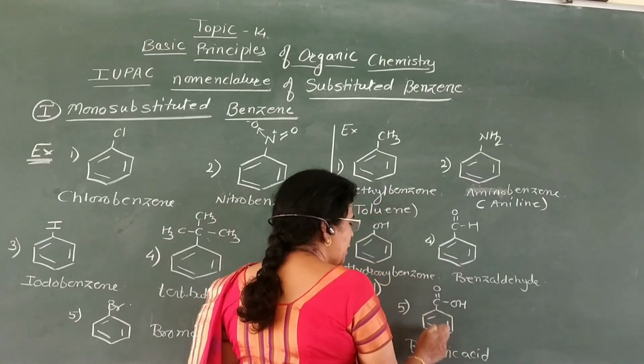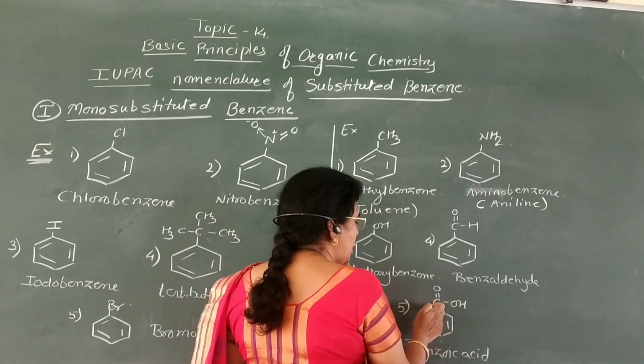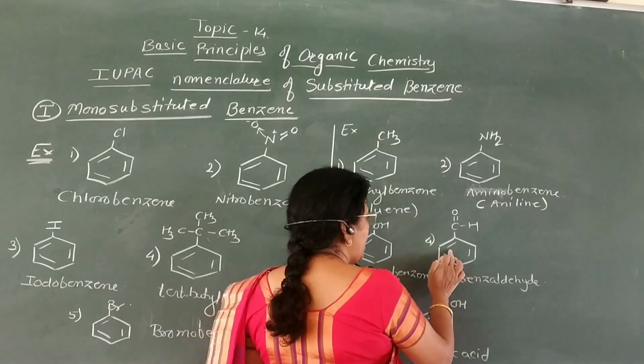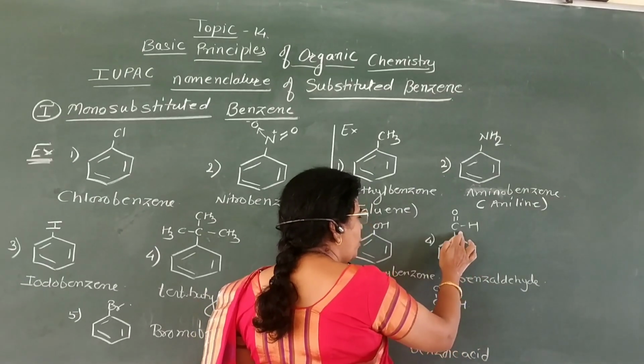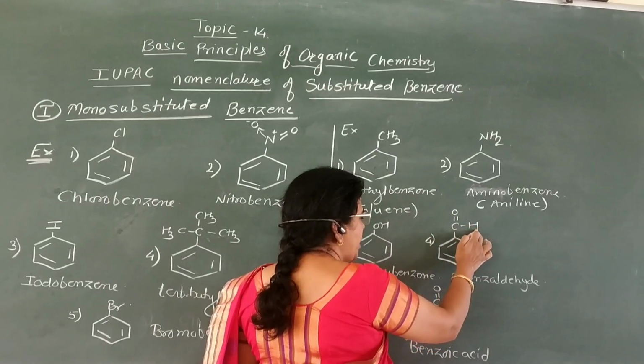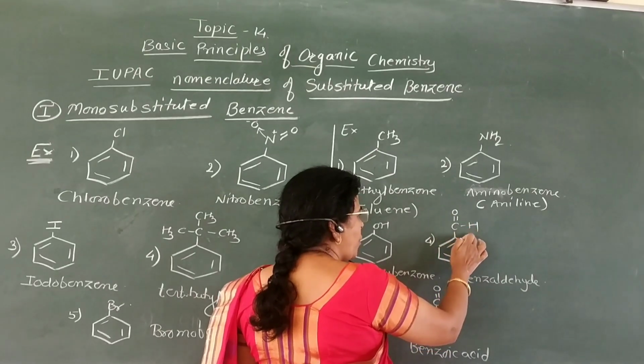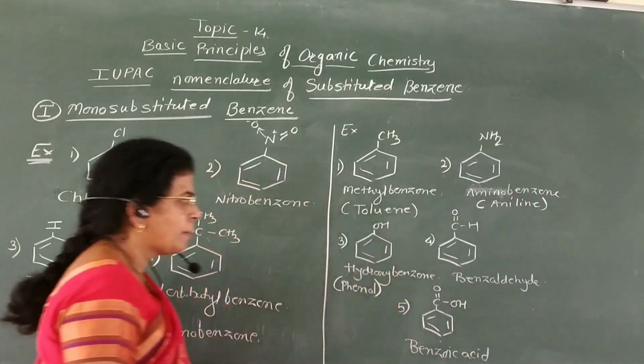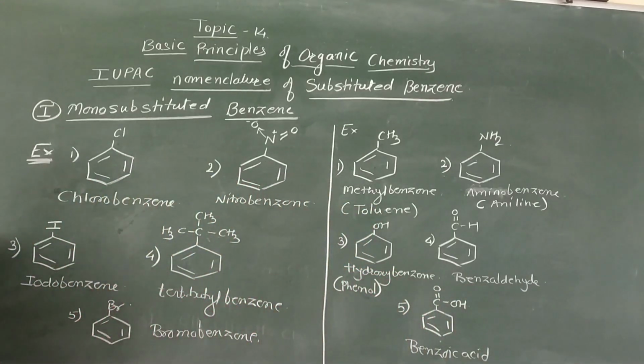Since this benzene ring is bonded to a carboxylic group, the name of this compound is benzoic acid. And in this case, the benzene ring is bonded to a C double bond O H group, that is the formyl group or aldehyde group, therefore it becomes benzaldehyde. In this way, IUPAC names for monosubstituted benzene are given. These are some examples.